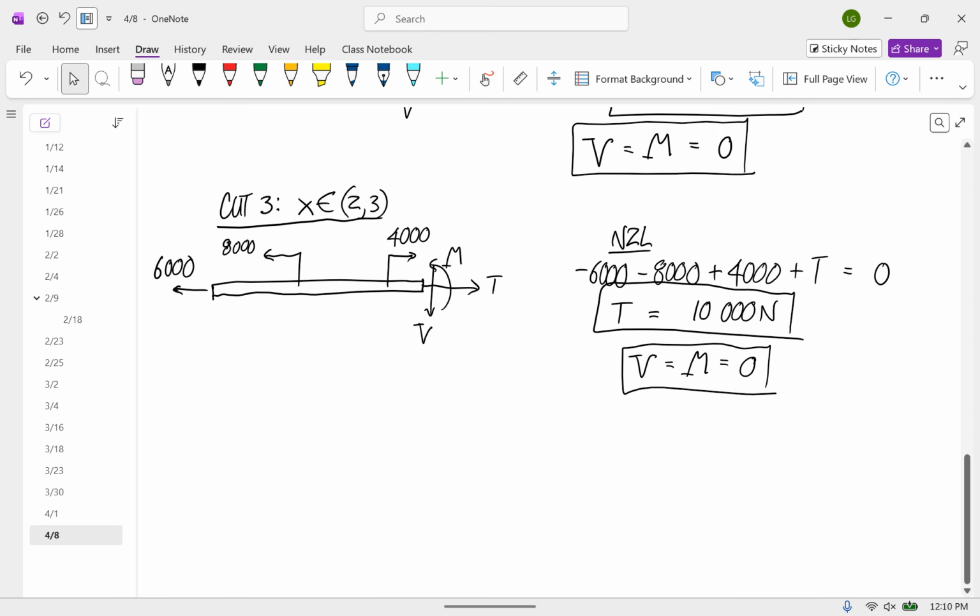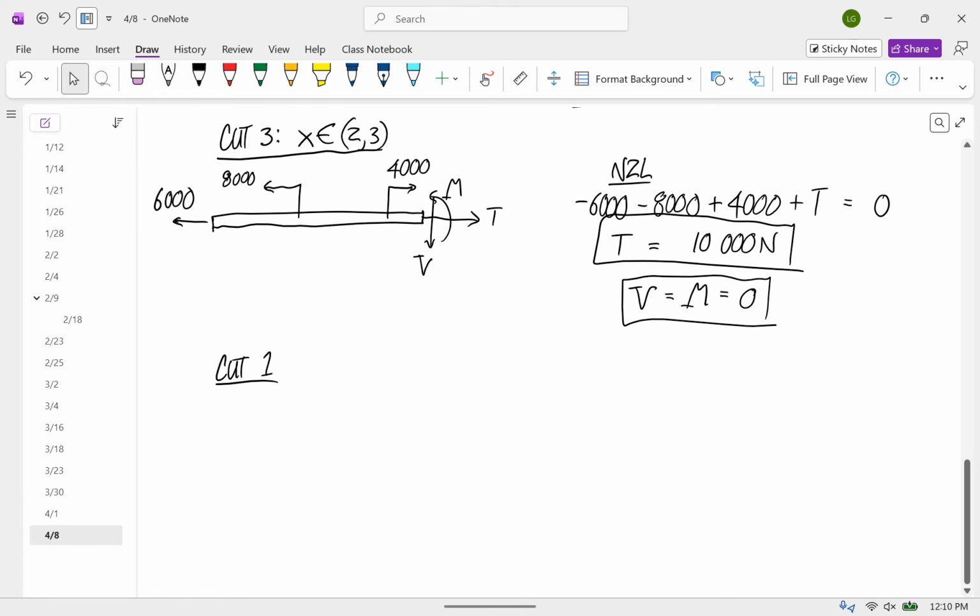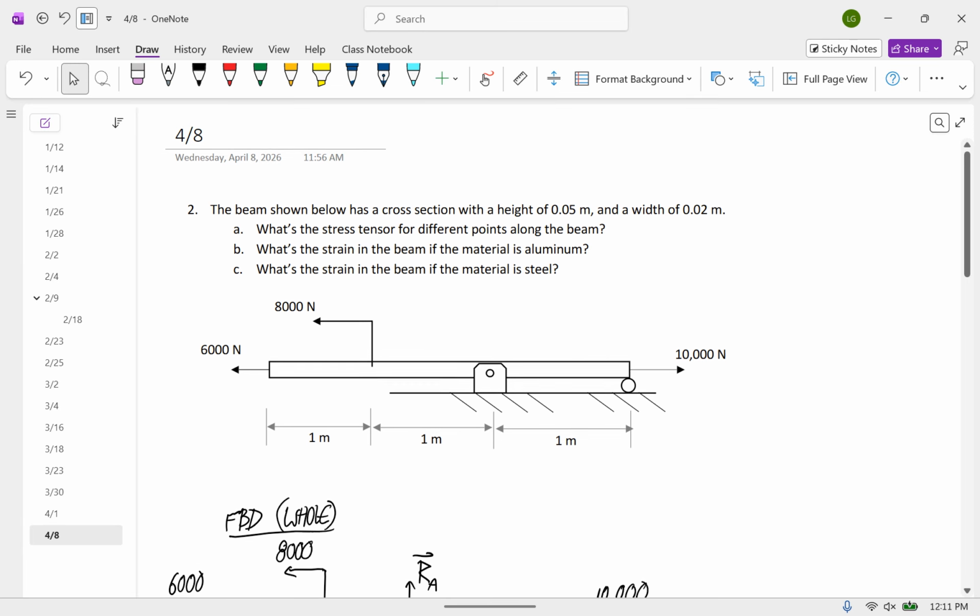And so now we'll do it for cut 1. Calculate the stress. We don't have to deal with the stress due to bending moment or shear force. For the one due to tension, we know that this is equal to the internal tension divided by the cross-sectional area, and it gives us the dimensions. So 0.05 by 0.02.